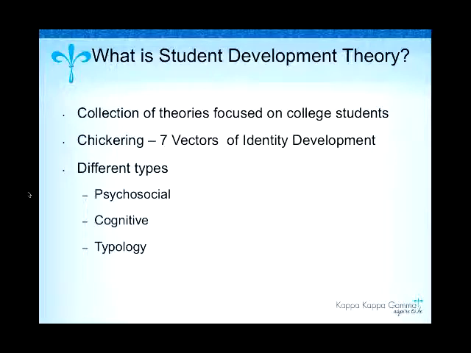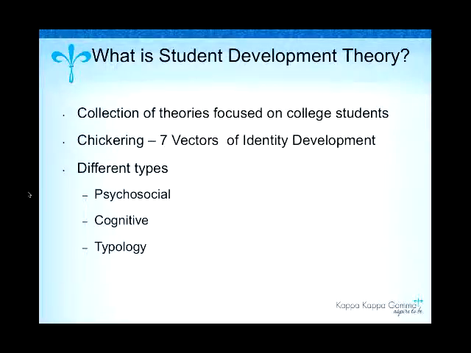And then the psychosocial, cognitive, and typology, those are different types of theories that are woven into student development. Psychosocial examines the interpersonal lives or independent lives of the students and how all of that is interconnected.